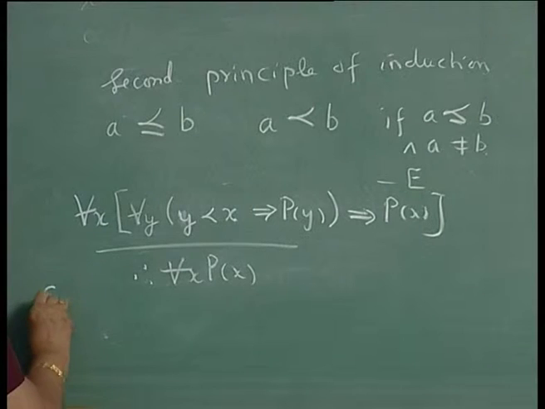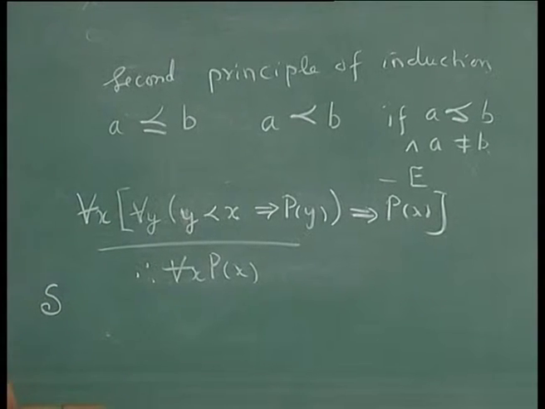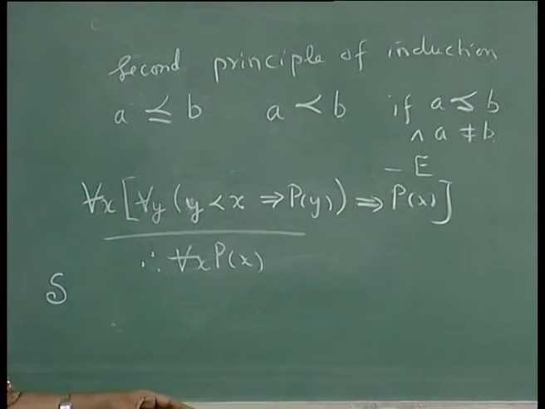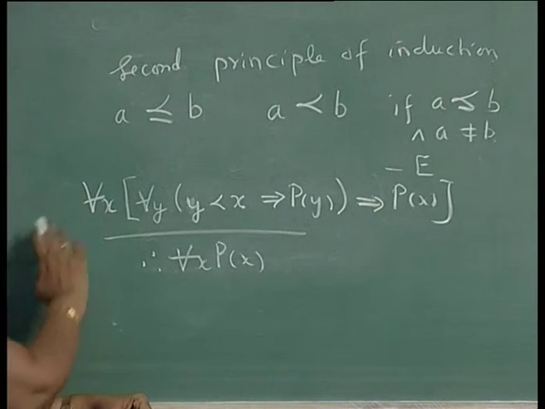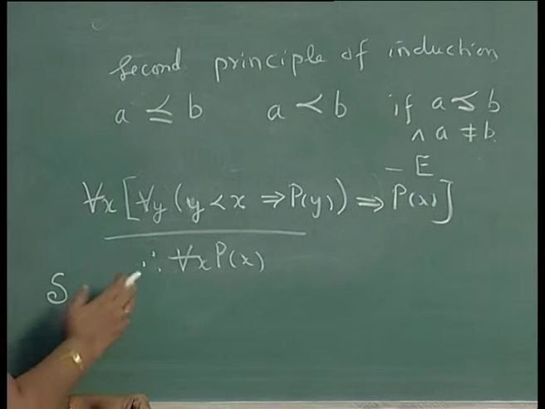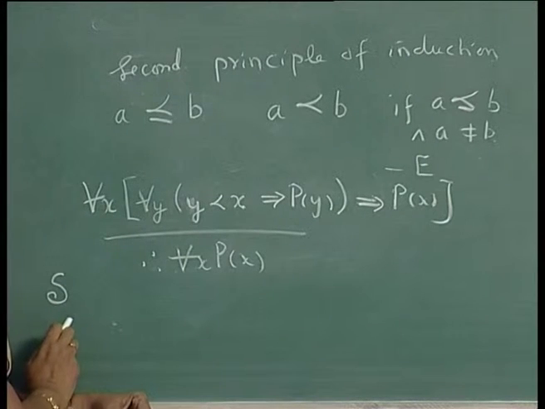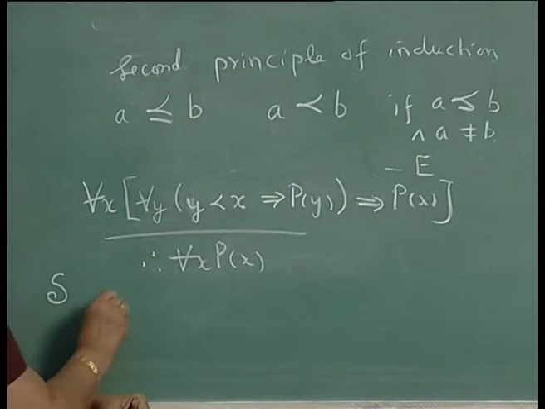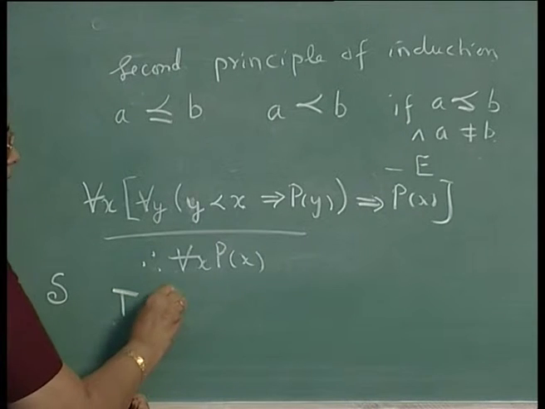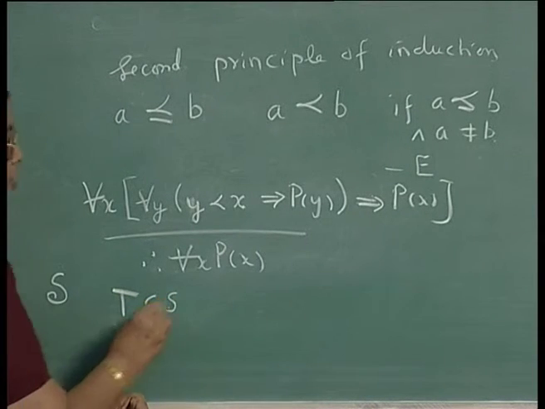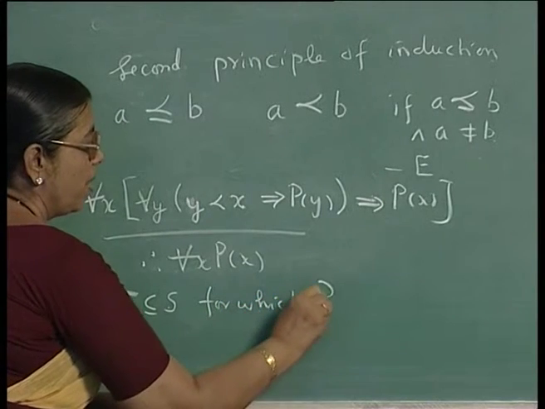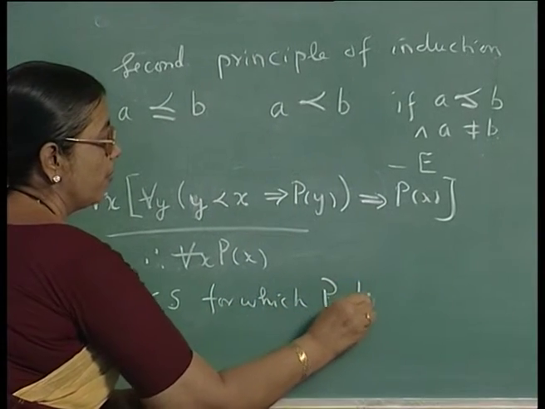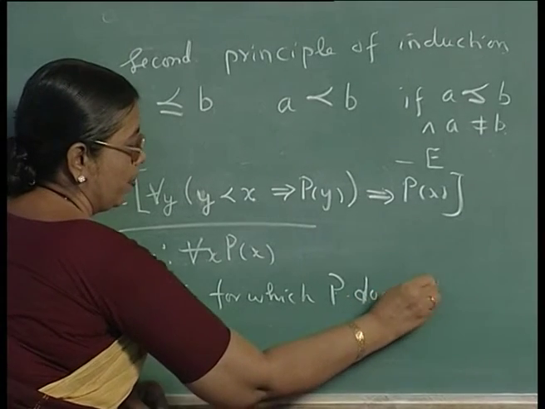Suppose you are considering a set S, which is a well order, and you are using the second principle. So you are able to prove the premise. How does the conclusion become true? Now, suppose T is a subset of S for which P does not hold.